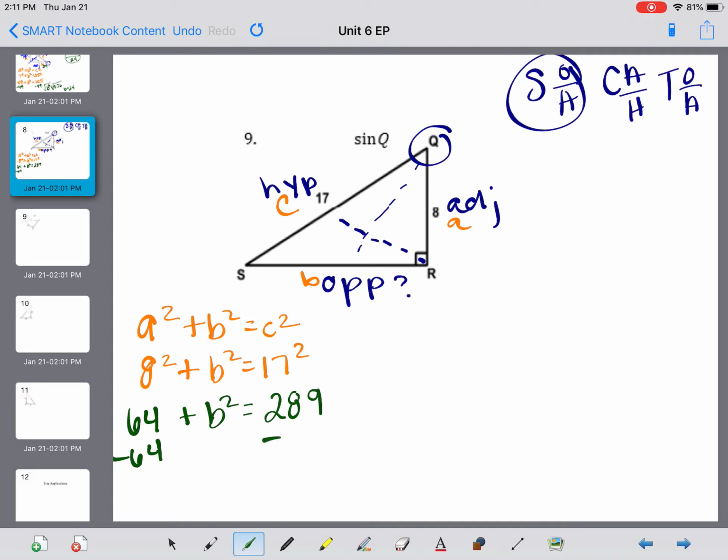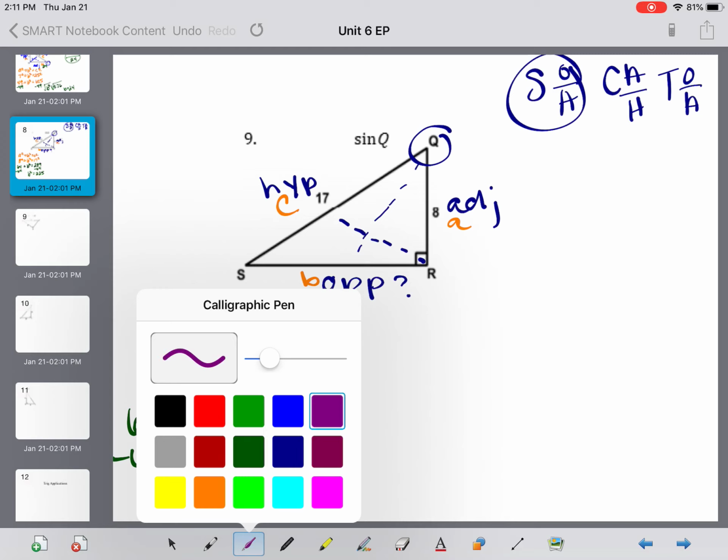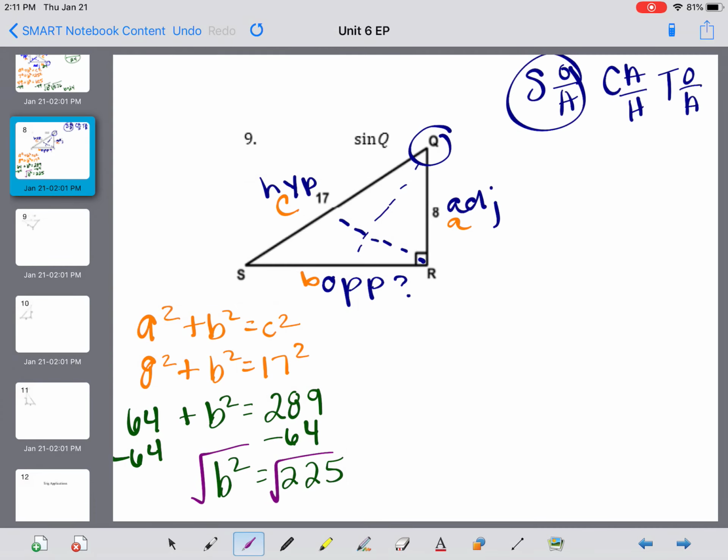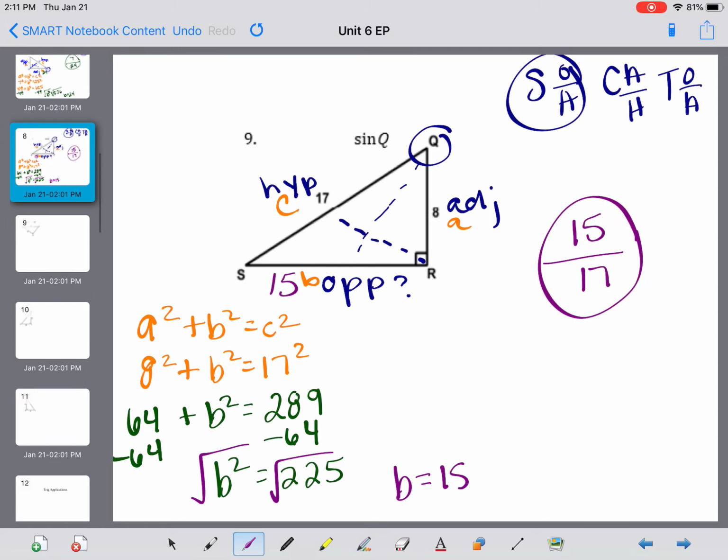Subtract 64 from both sides, so b squared is equal to 225. Square root to get rid of that square, so b is equal to 15. Oh, not 55, 15. Okay. So now when we find sine, the opposite is 15. Our hypotenuse is 17, so the ratio is 15 over 17.